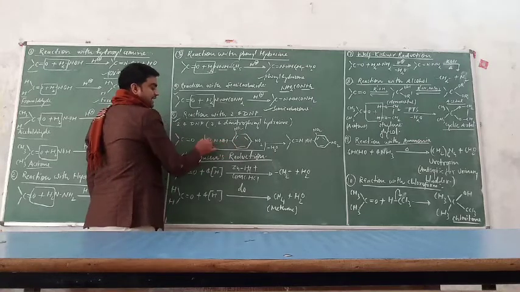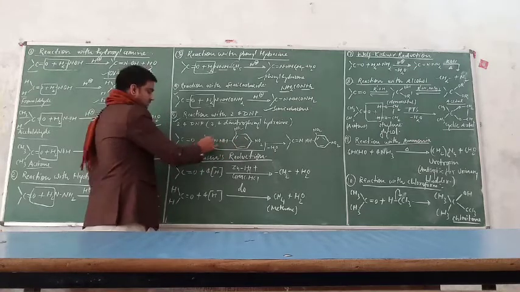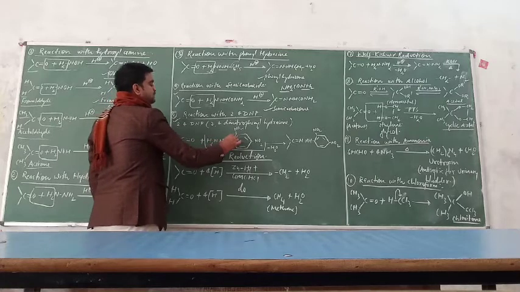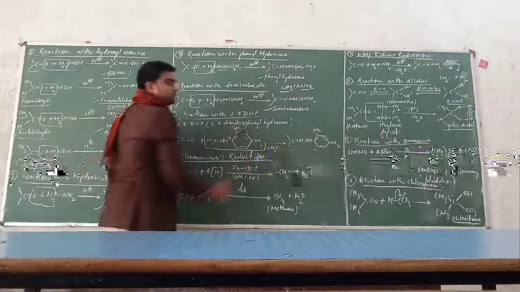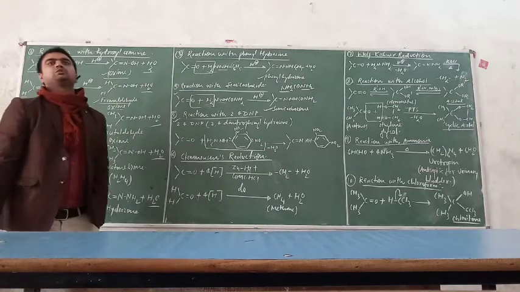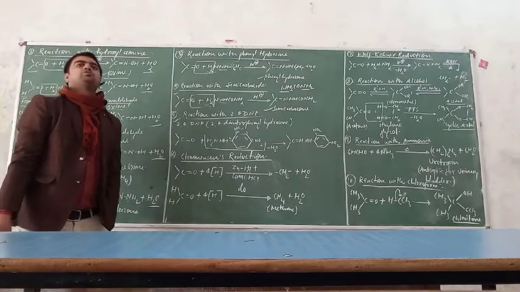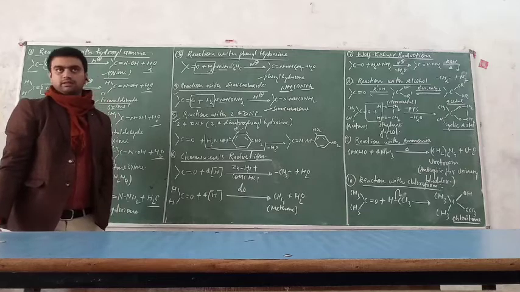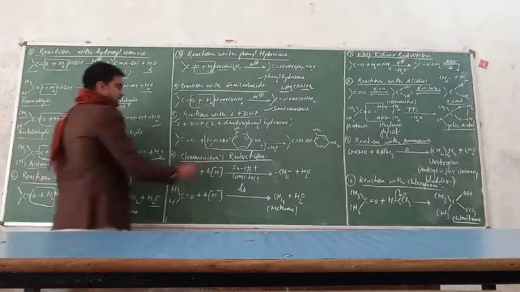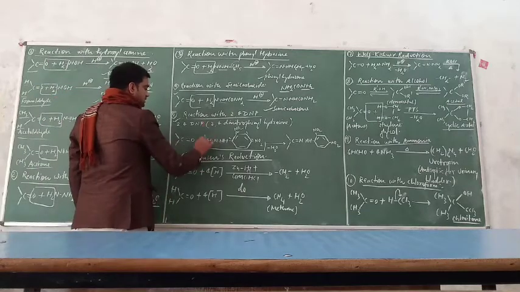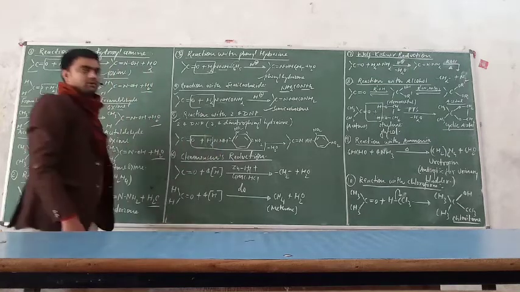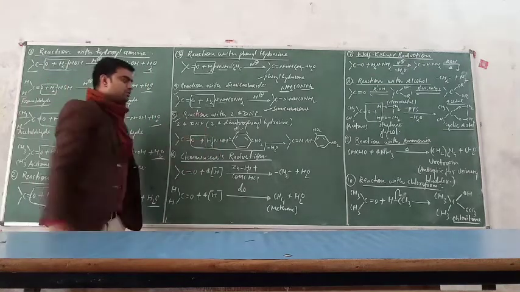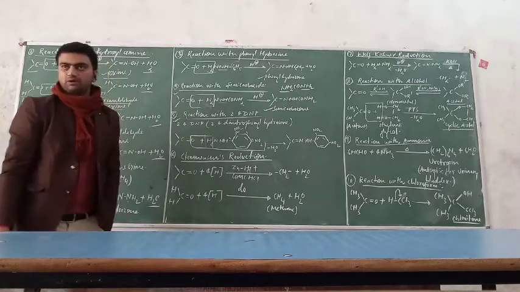So the phenylhydrazine is given here, and on the phenyl ring at position number 2 and position number 4 a nitro group is present, so the name is 2,4-DNP or 2,4-dinitrophenylhydrazine. Clear? In this case also the two hydrogens and one oxygen react with each other to form a water molecule and the corresponding product is formed.